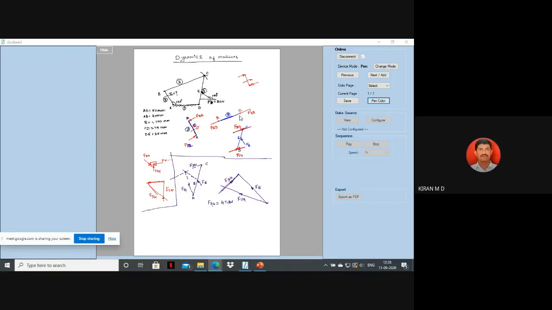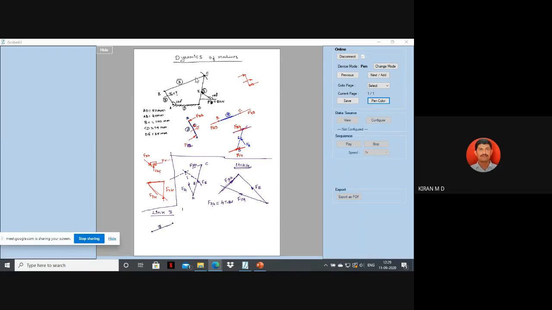So for the second, I will consider link 3. This is link 4. From link 3, what is the force acting here? Even if you have not drawn this figure, no problem, directly you can get it. Draw the link here.